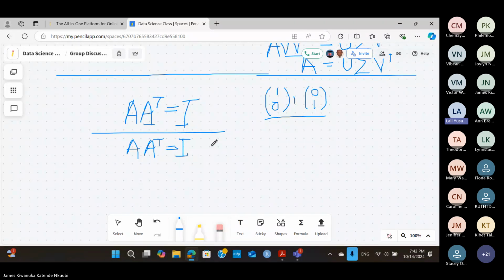Okay, so how about the matrices? Let's say the standard basis for R2, for example. If we just consider the inner product space over that, is it a valid statement to say that they're orthogonal?